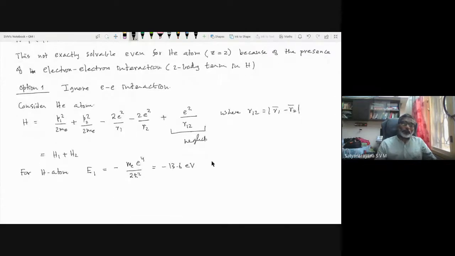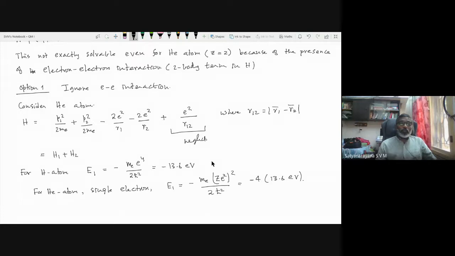So for a single electron in helium atom, E1 is equal to minus m, instead of e to the power 4, I have to take Ze square the square, and Z is equal to 2 in this case, by 2 h bar square. That means this will be 4 times 13.6 electron volt.